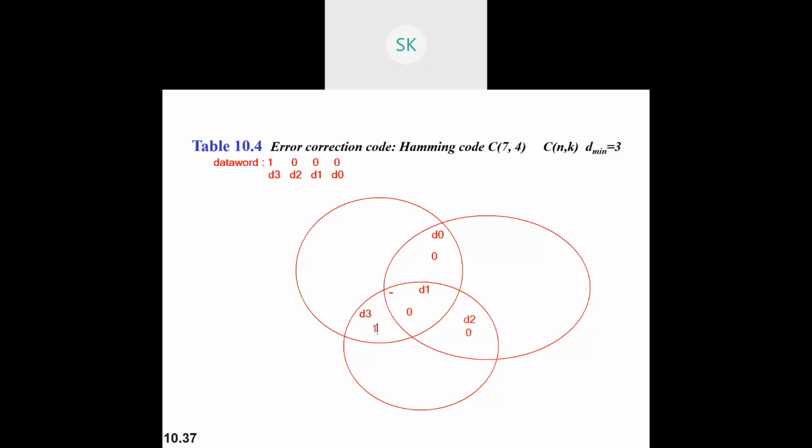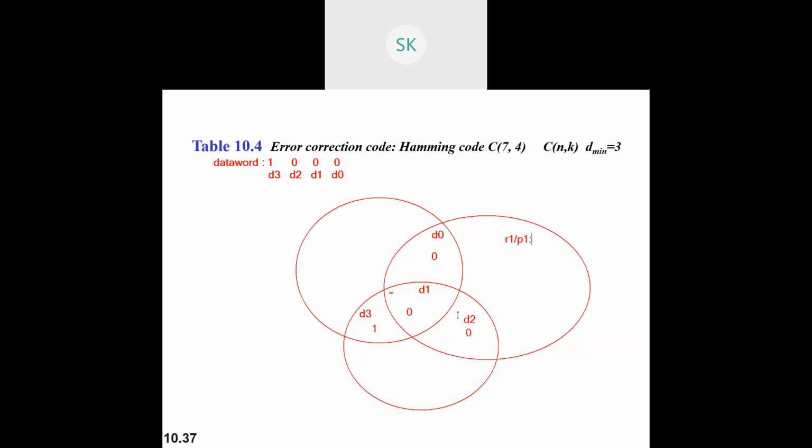I'll take circle 1. This one I'll name R1 or P1. Now I'll compute the parity bit for it. How to compute the parity bit? Wherever the circle is, check which bits are in it.